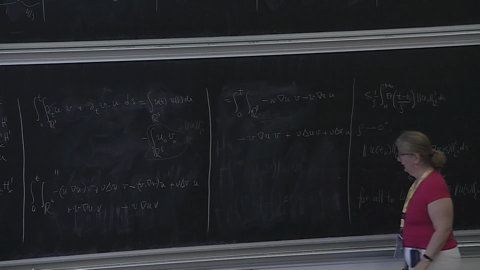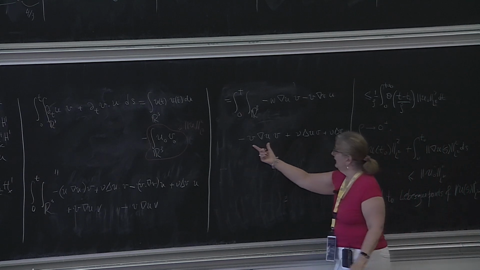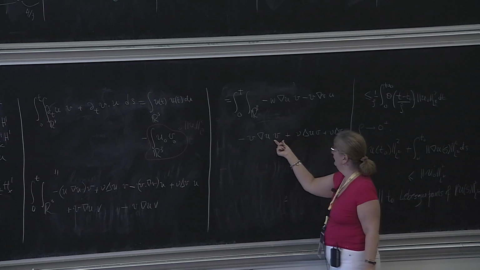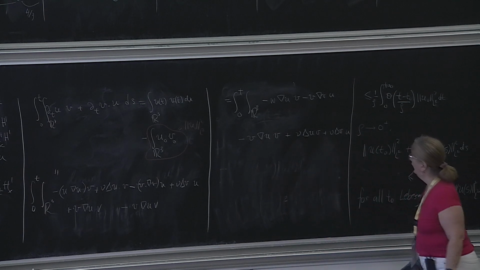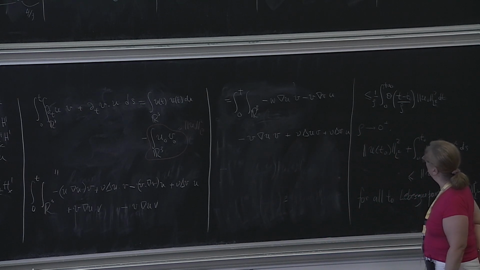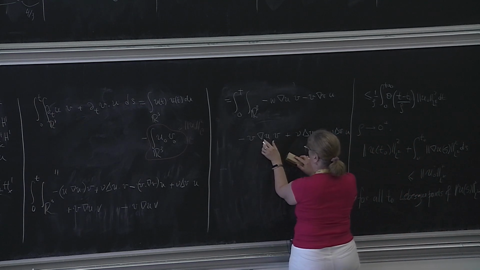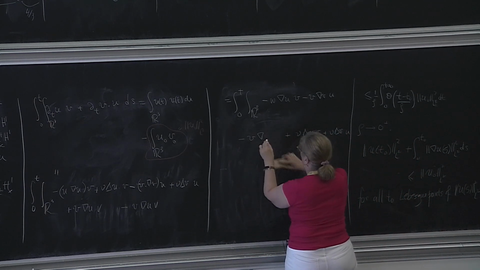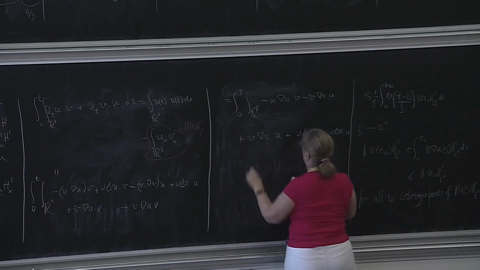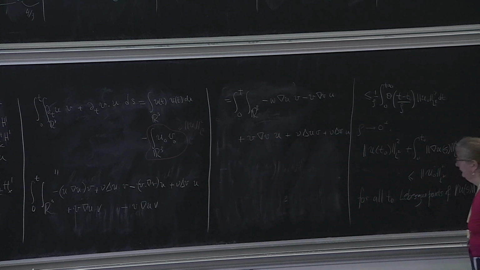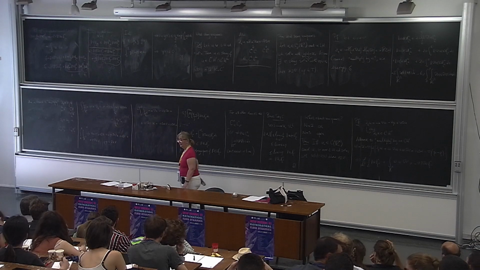What I said is I'm going to take this v dot grad and put it onto v, and I get a minus sign, so this I'm going to trade: v dot grad u times v, I'm going to make it v dot grad v times u with a plus sign. Just traded the v and the u. And now I should have minus v dot grad w.